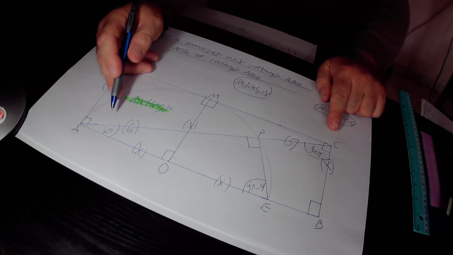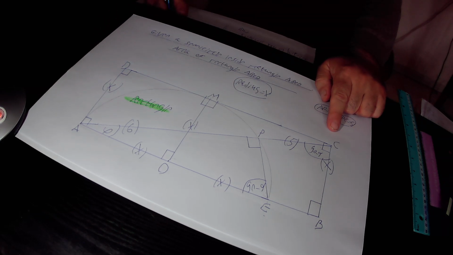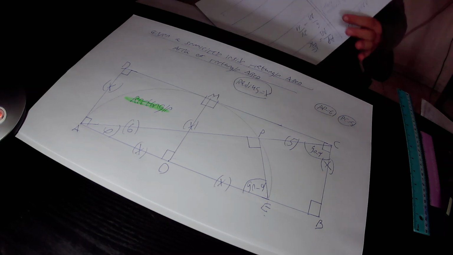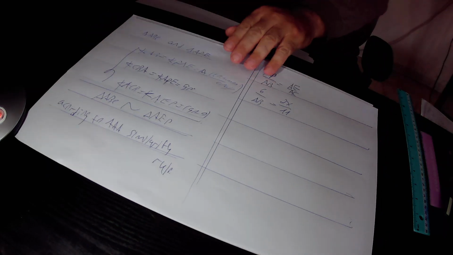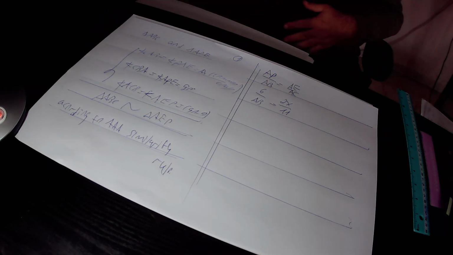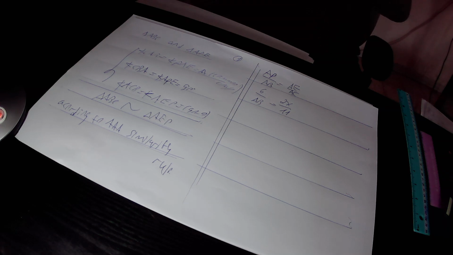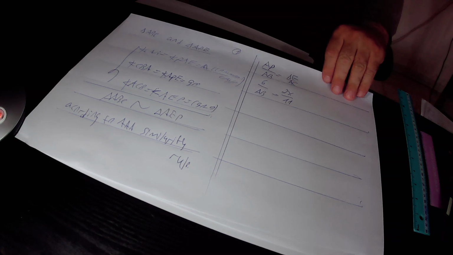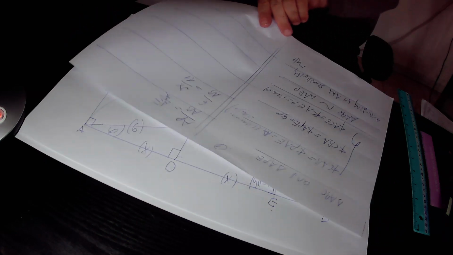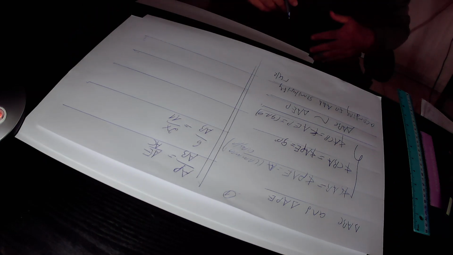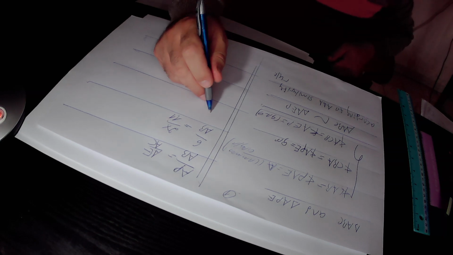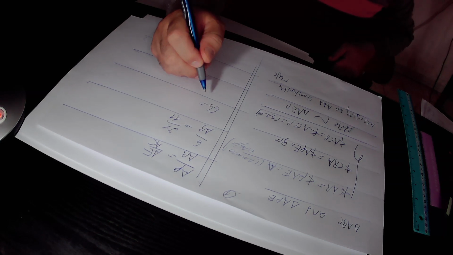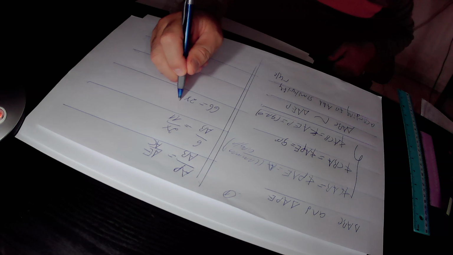AC in total equals 6 plus 5, that is 11. So in total, we find that 6 over AB equals 2x over 11. Here we cross multiply this equation, and we get that 6 times 11, which is 66, equals 2x times AB.